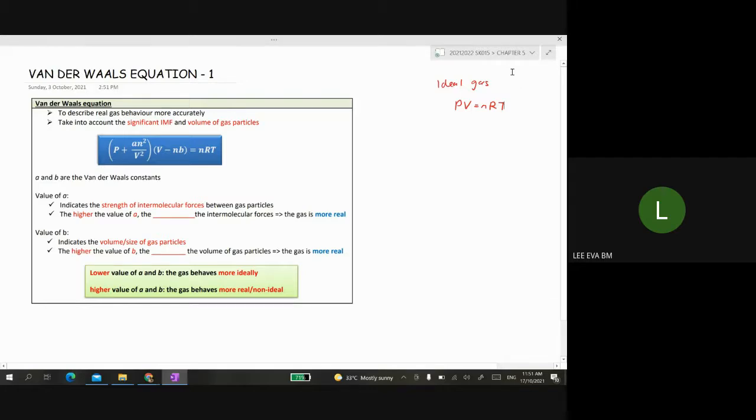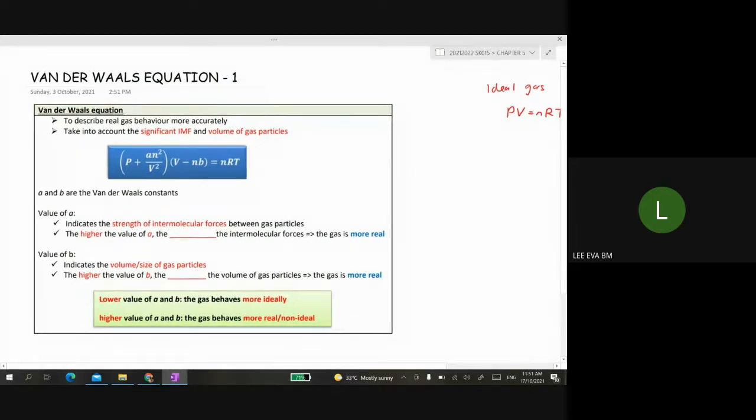If you want to look at the equation for a real gas, this is what we have, the van der Waals equation. Let's look in detail at the function of the van der Waals equation, or real gas equation. This equation describes the real gas behavior.